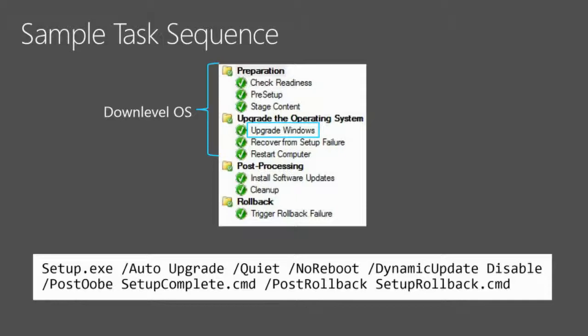But at least for now, make sure you're using auto upgrade. Quiet, we want to make sure that we're not showing the Windows setup UI. In part, that's to focus the user experience on the task sequence, so it's a common experience. But also, the Windows setup UI does include a cancel button, so you don't want your users canceling that process in the middle of it. No reboot, as we talked about earlier. We need to make sure that the task sequence controls the restarts of the system.